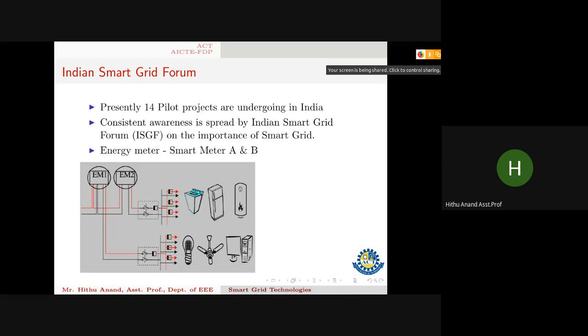We know there are power plugs in our homes, which can be connected to a separate meter, and the light loads to another meter. We can convert the light loads to DC and the power loads to AC, because in smart grid objectives we have something called demand response, where even the utility needs to control the loads.